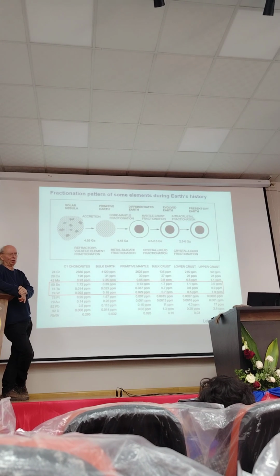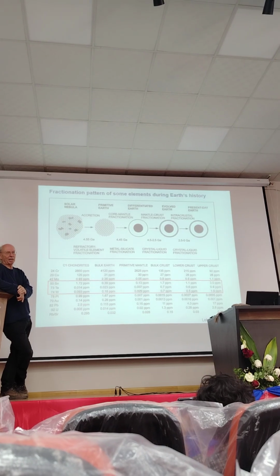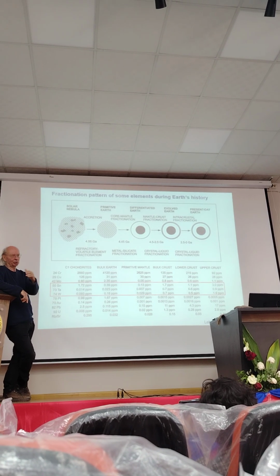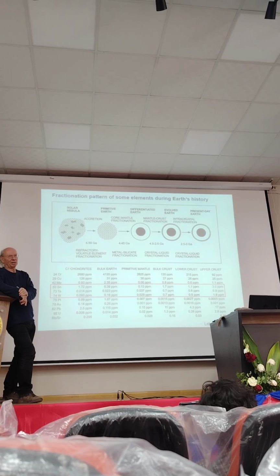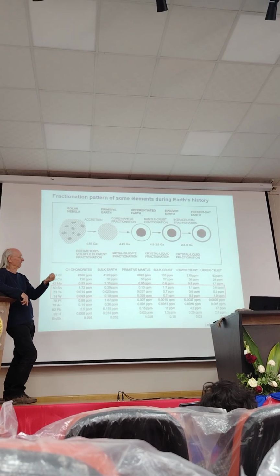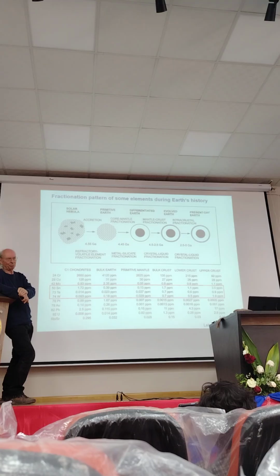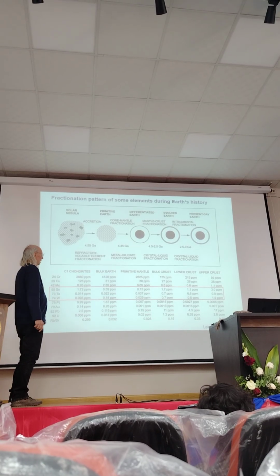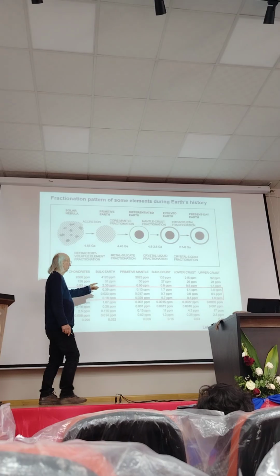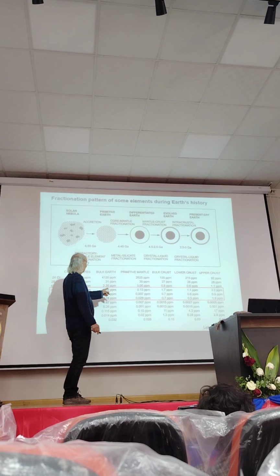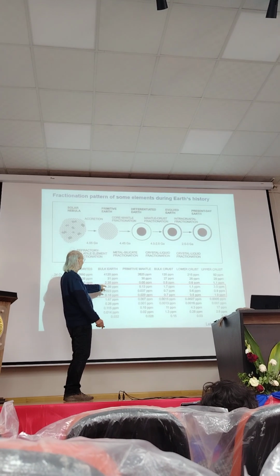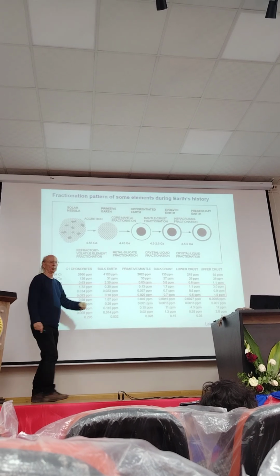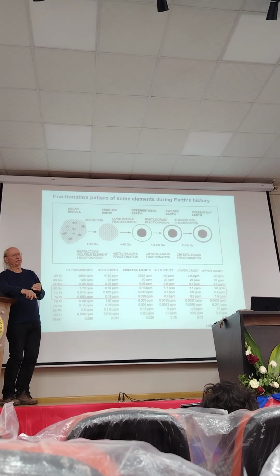We cannot sample the core, but we can sample iron meteorites which fall on Earth free of charge. And they are enriched in gold and other siderophile elements, as it should be. So from the bulk Earth we go to the primitive mantle, and there we see that tin is slightly depleted because tin is slightly siderophile.